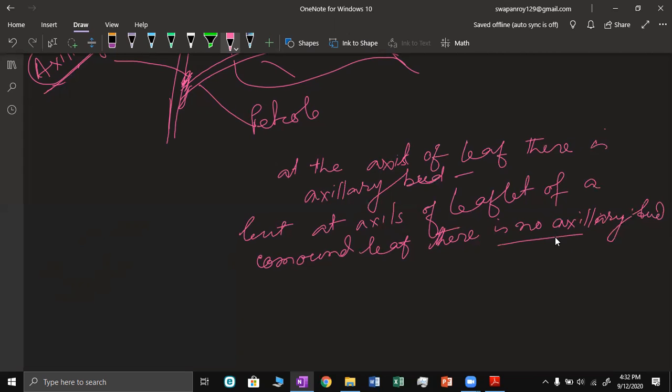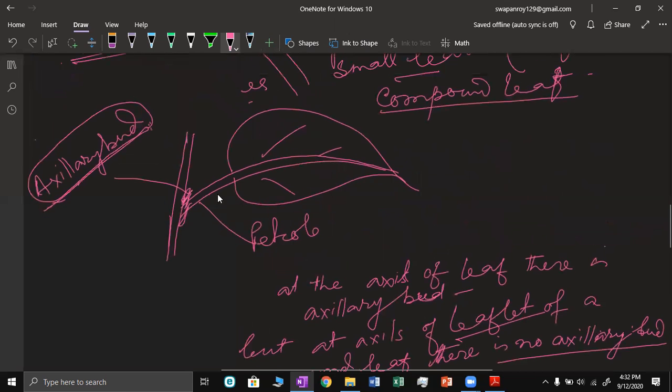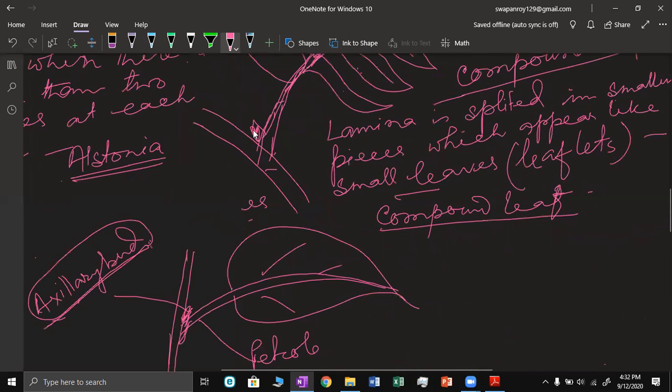There is no axillary bud at the axil of the leaflet. There will be an axillary bud at the axil of the entire leaf.